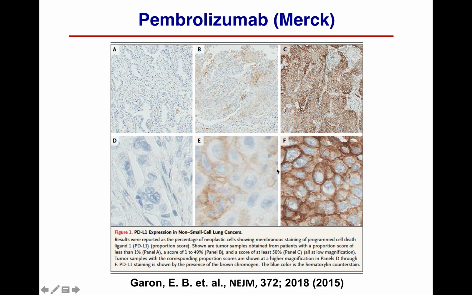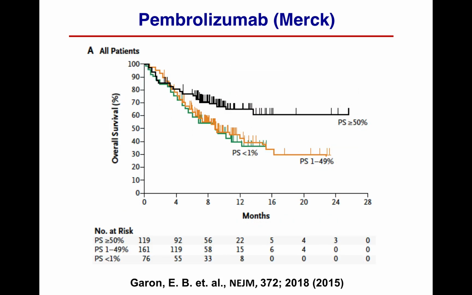The dark color is a staining for PD-L1, and some lung cancers express small amounts while others are loaded up with it. It turns out that it's most effective against ones that have a high expression, so you monitor that. Those are the patients that should most likely be treated.